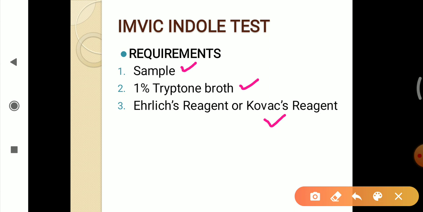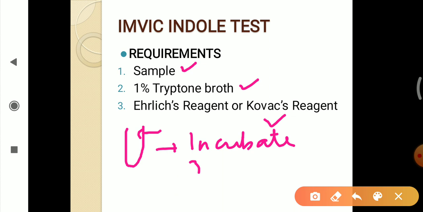For the procedure, first we take sterile 1% tryptone broth. In that we add a loopful of the culture. After adding the culture, we incubate the tube at 37 degrees Celsius in the incubator for 24 hours.